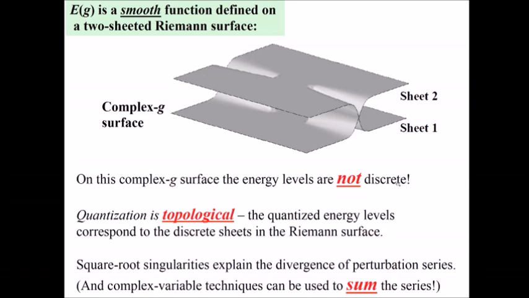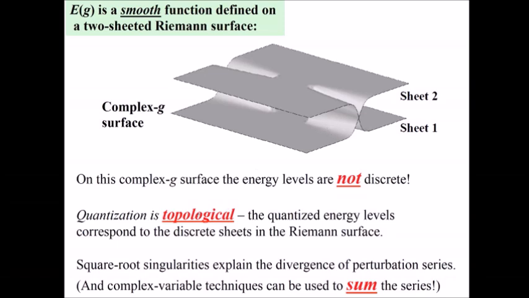In fact, what you see is that quantization is topology. It's topological. What you see is that the quantized energy levels correspond to the discrete sheets in a Riemann surface. Each sheet, the top sheet or the bottom sheet, corresponds to an energy level, okay?